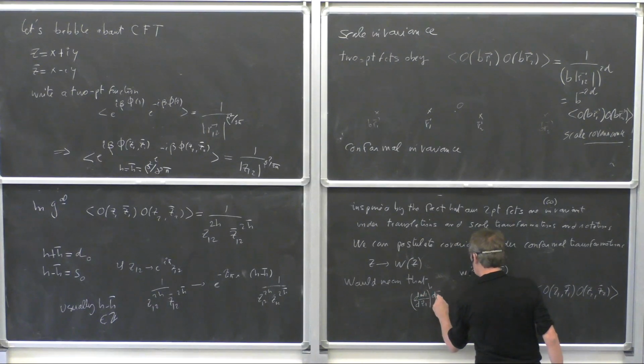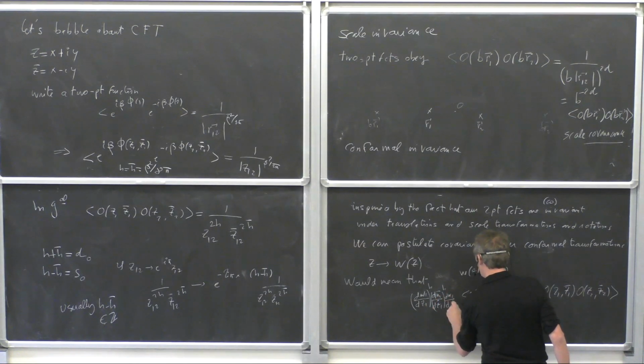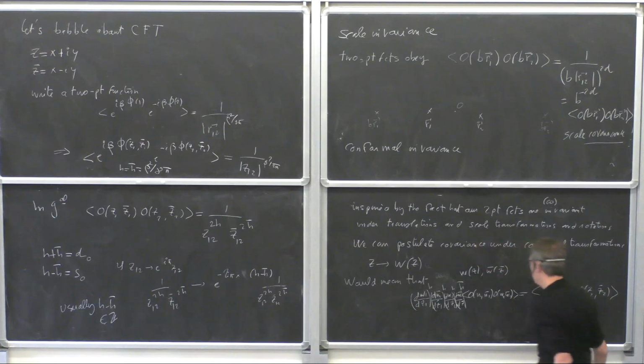So the general formula that would describe conformal covariance is this one.